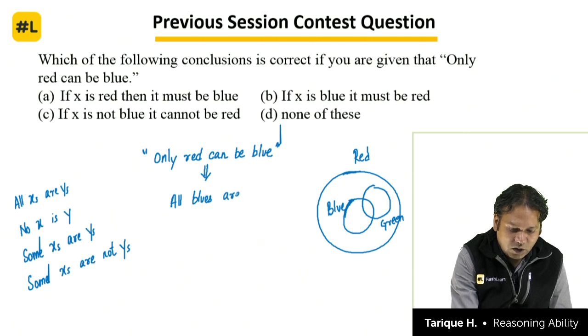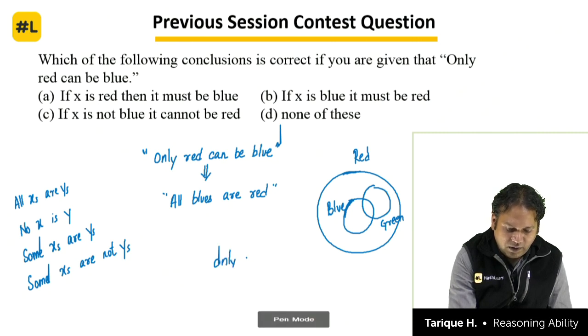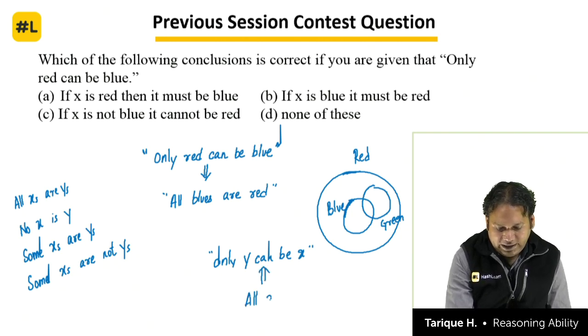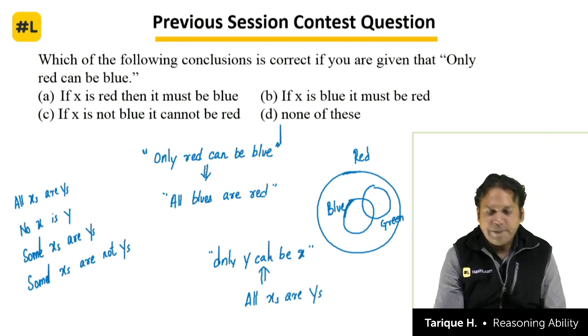That means, please understand, only y can be x is a variation of all x's are y's. We will be discussing variations in a separate video.